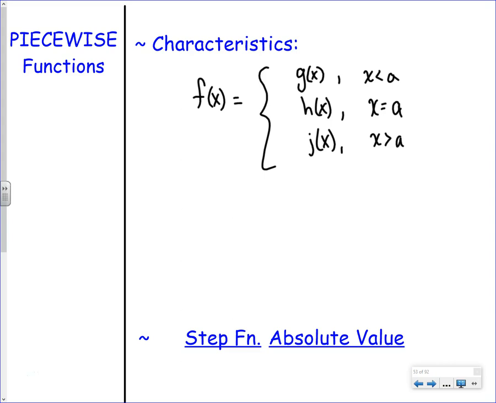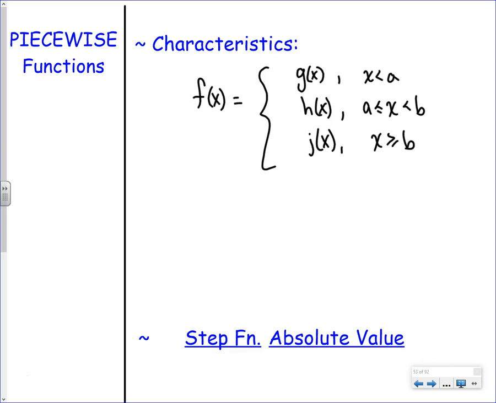Another way that you guys have probably seen is I could do something like x less than a. You don't have to change yours, that's okay. We could also have x greater than or equal to a and less than b. Then x greater than or equal to b.